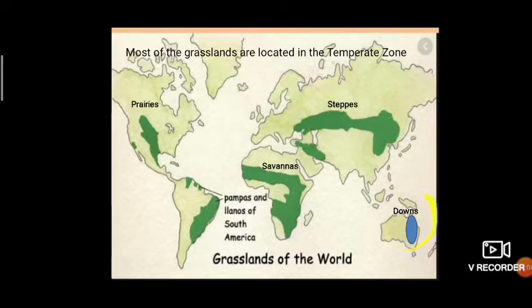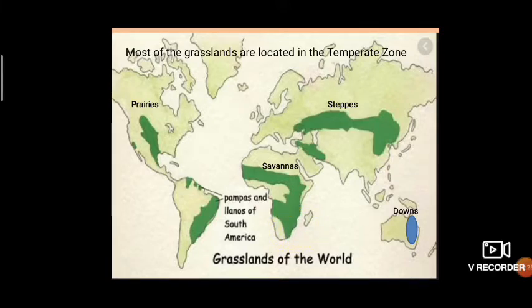And in Australia, the grassland is known as downs. So in this way, the grassland is known with different names. It is not written here, but this portion in South Africa, this grassland is known as veld, velds.